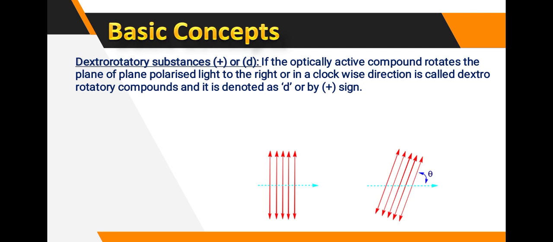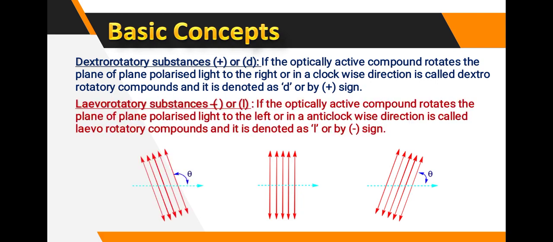If the optically active compound rotates the plane of plane polarized light to the right hand side or in a clockwise direction, it's called a dextro-rotatory compound, and it is denoted by D or by a plus sign. Okay, and when you consider a levo-rotatory substance, it is shown as negative. That means it is opposite to the dextro-rotatory substance.